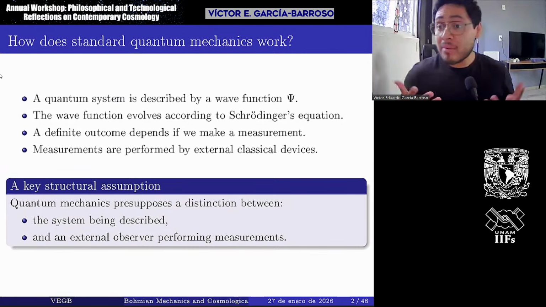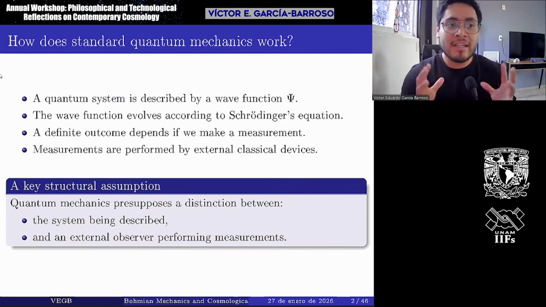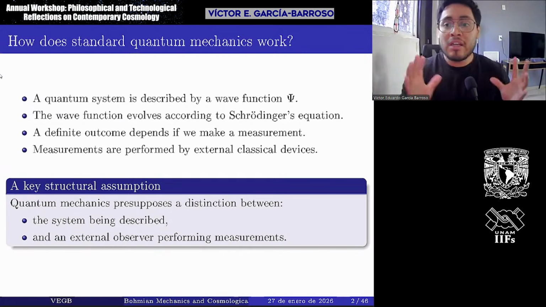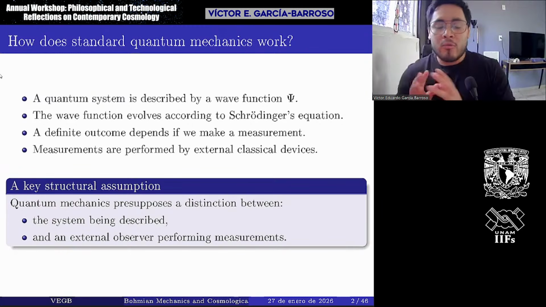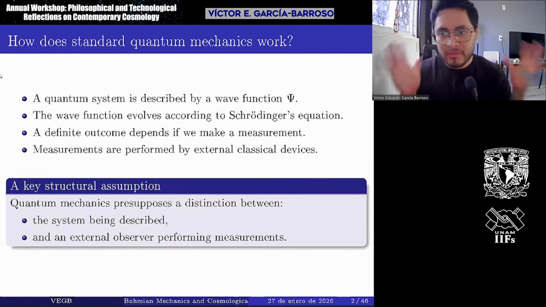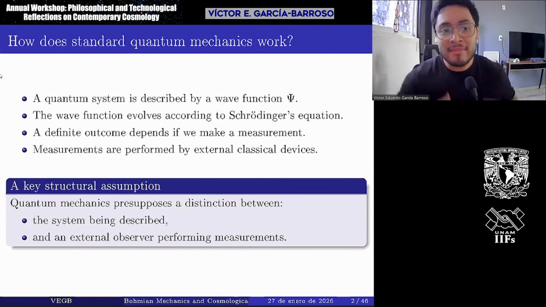The observables, the physical properties that we measure, like position, energy, momentum, are related with a mathematical object called a Hermitian operator. Doesn't matter what it means.